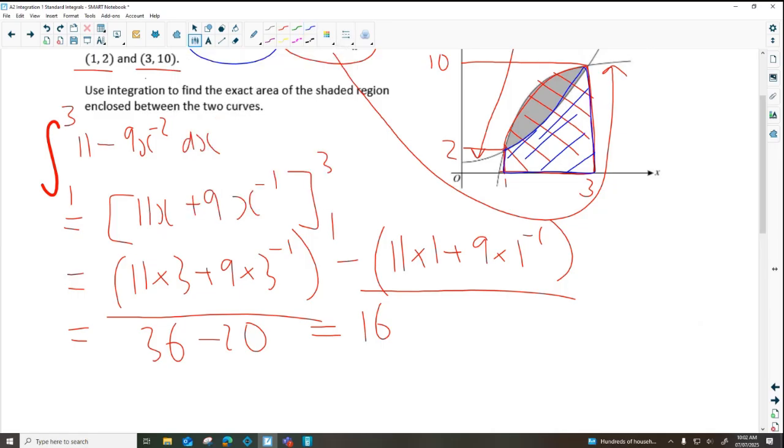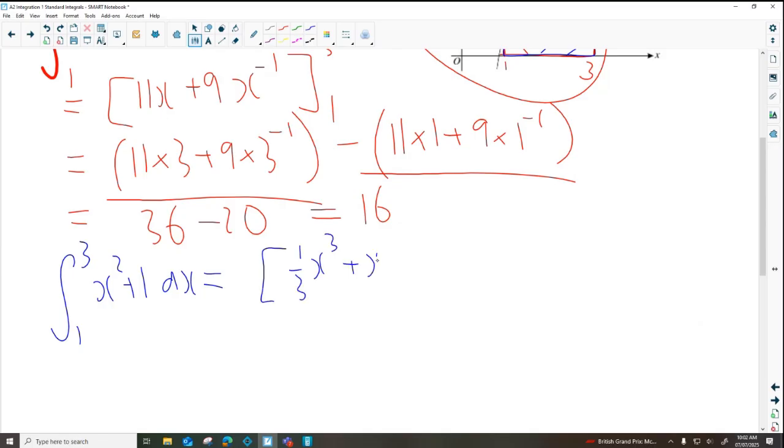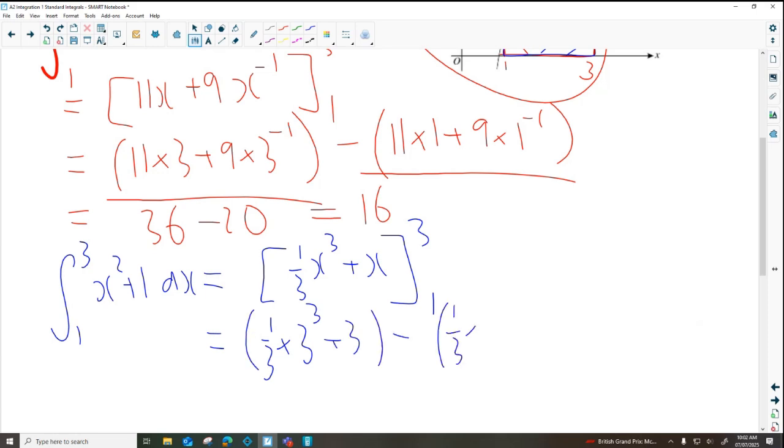I'm now going to do the blue bit, which is the area under the other graph. So this is the integral, again, you only need the x values, from 1 to 3 of x squared plus 1 dx, which by straightforward integration is 1/3 x cubed plus x in a square bracket between 3 and 1, which is going to be 1/3 times 3 cubed plus 3, take away 1/3 times 1 cubed plus 1.